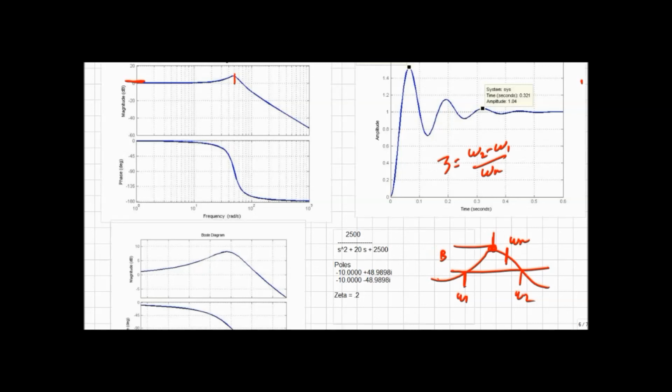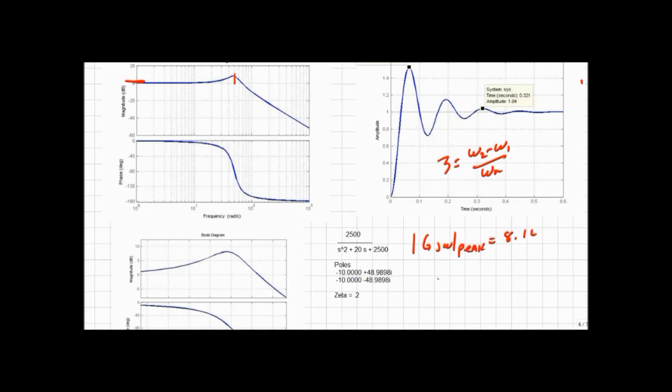So let's plug in some numbers and see what we get. Carefully observing my picture here, I get my peak, G(j omega peak), equal to 8.14. If I come down 3 dB, I end up with about 5 dB. So I'm looking for the 5 dB points here, and then I look for omega 1 and omega 2.